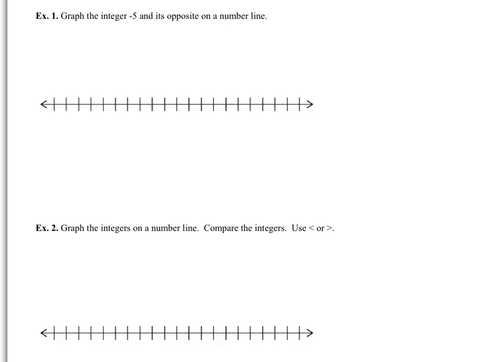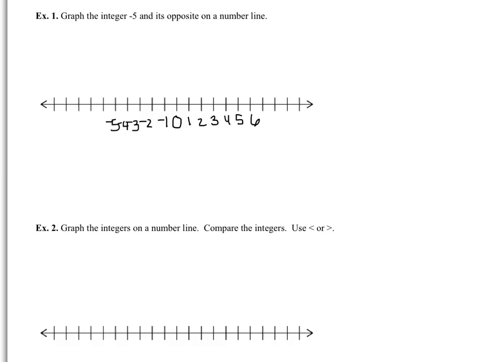Example 1 is asking us to graph the integer -5 and its opposite on a number line. We have a number line here, and we're going to go ahead and pick a spot for 0. And let's label a couple of the numbers to the right and left. Numbers to the right of 0 are positive. Numbers to the left are negatives. Pardon my stylus.